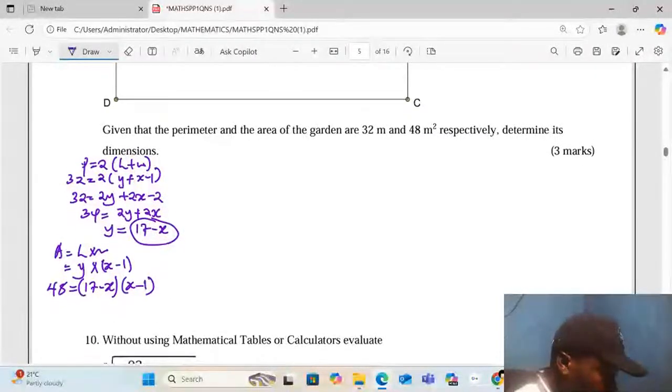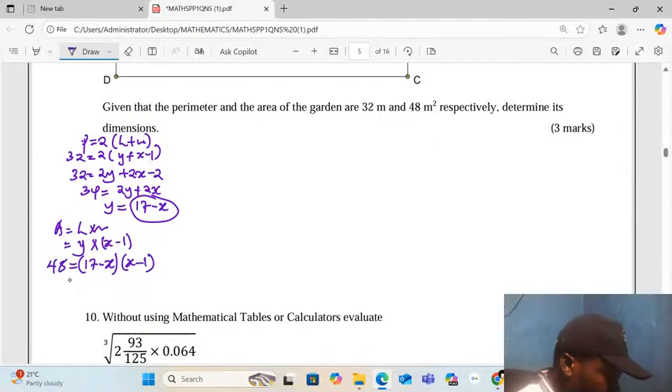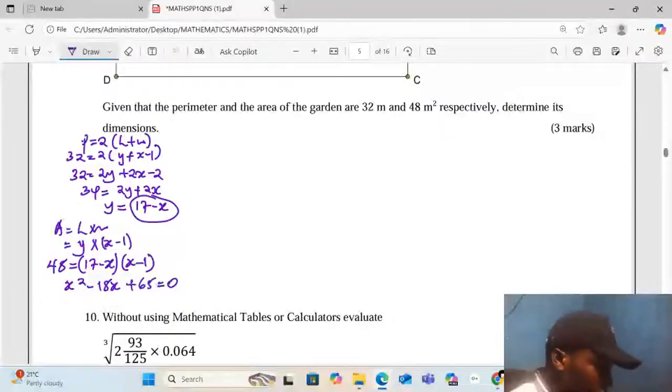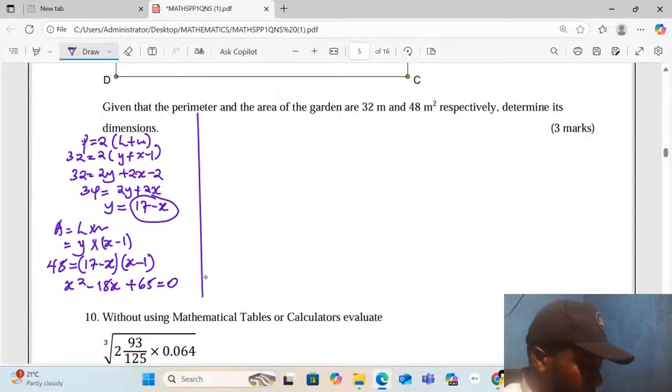So we are going to form an equation whereby x squared minus 18x plus 65 is equal to 0. So we use the quadratic formula.